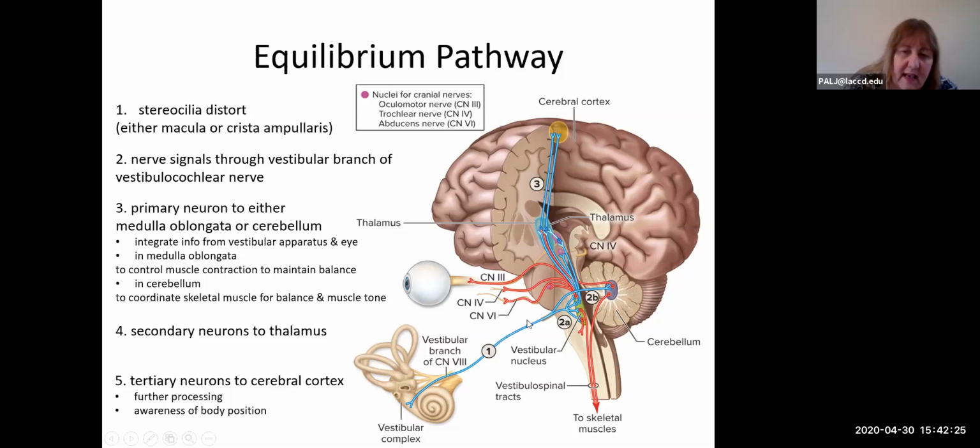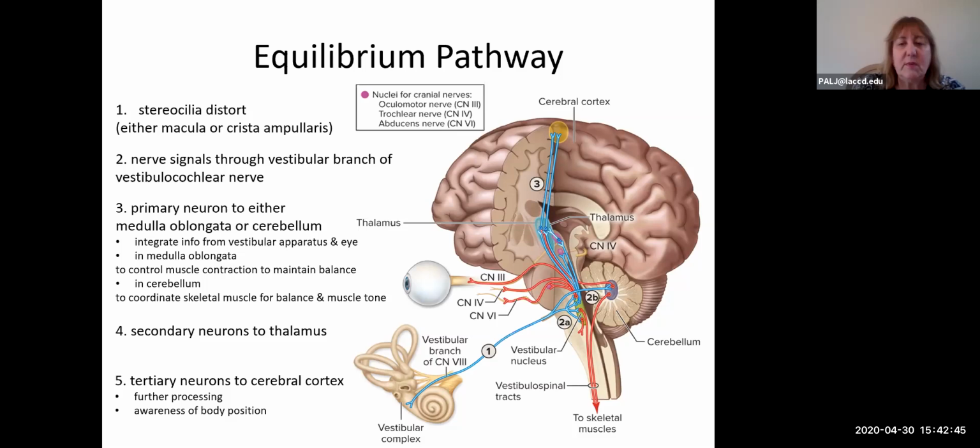When it goes, as this light blue fiber is showing here, to the cerebellum, because some information goes to the cerebellum as well, that's going to coordinate your skeletal muscle coordination that we talked about when we talked about cerebellar function. That also controls your resting muscle tone.